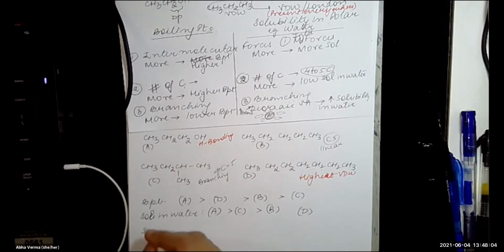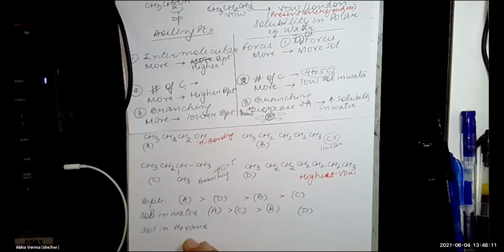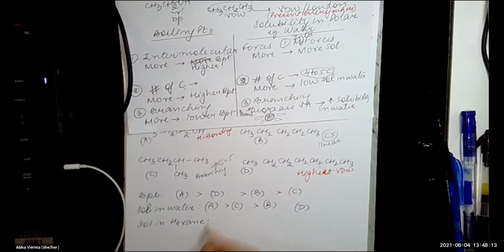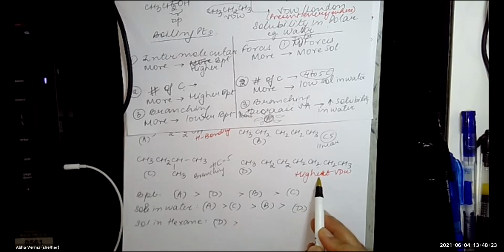What will be the solubility in hexane or pentane or decane or octane or any non-polar material? Whatever solubility in water you have chosen, exactly opposite. So if D is lowest solubility in water, it will be highest solubility in hexane.